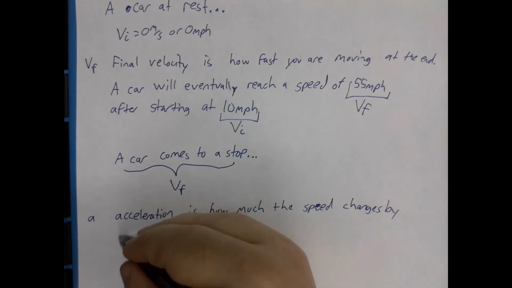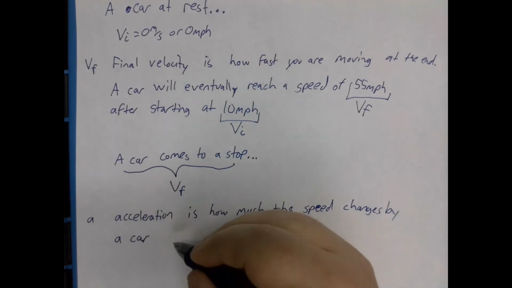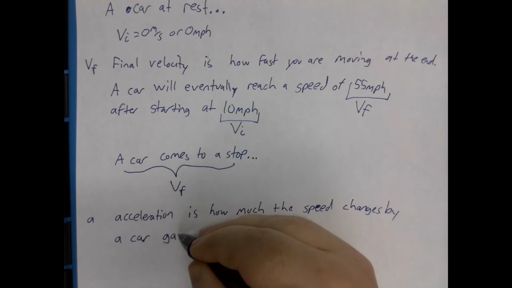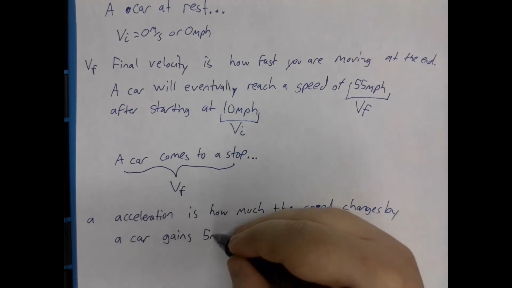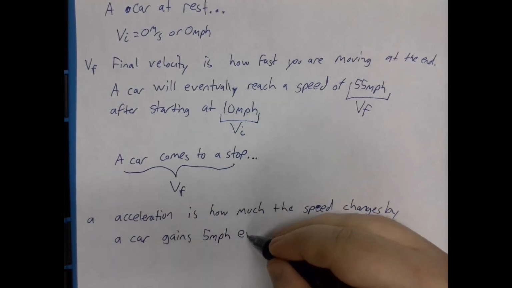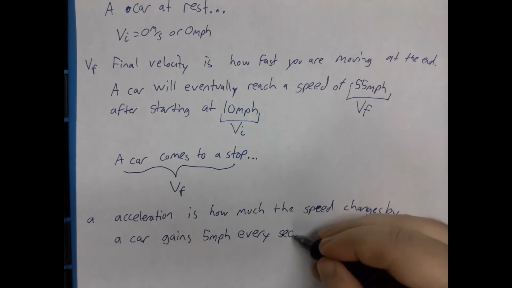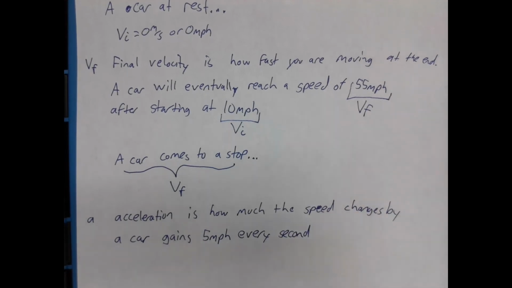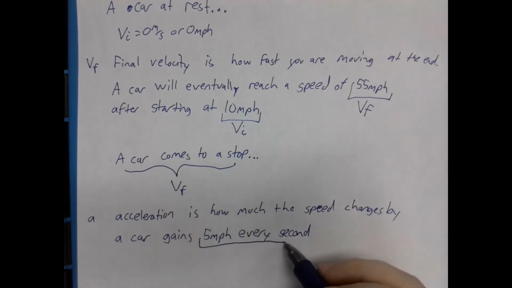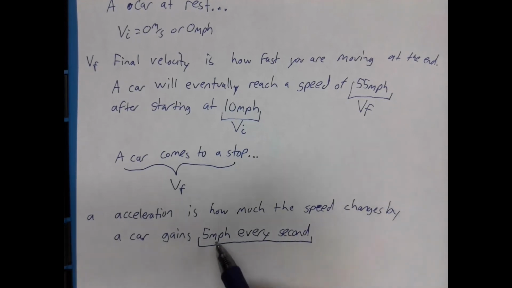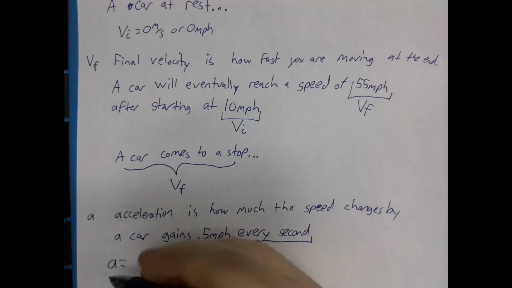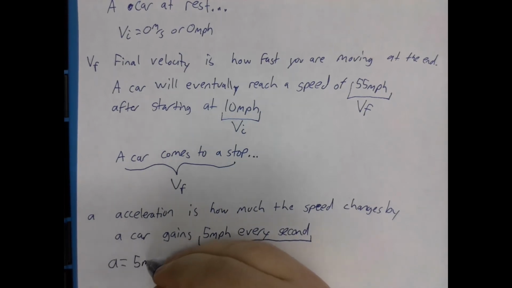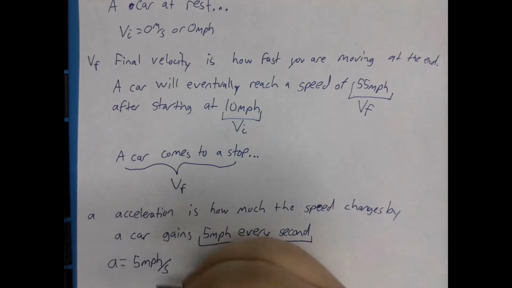So for example, a car gains 5 miles per hour every second. This is how much your speed is changing by. It is changing by 5 miles per hour every second. So your acceleration would be 5 miles per hour every second.